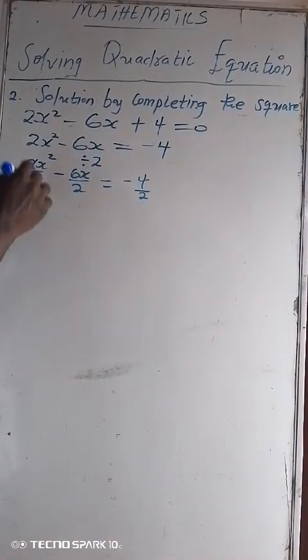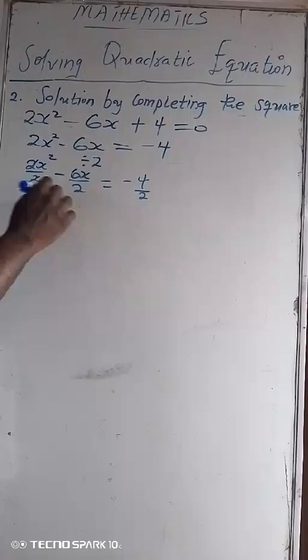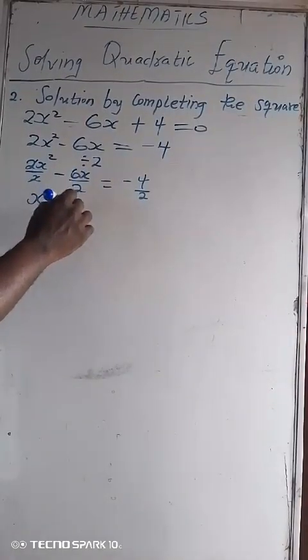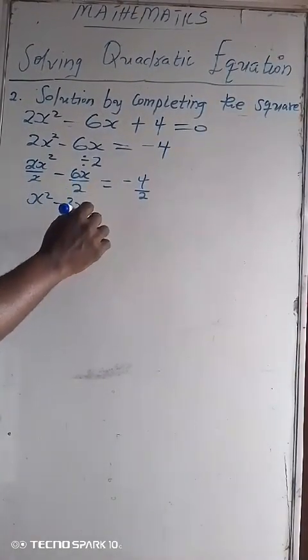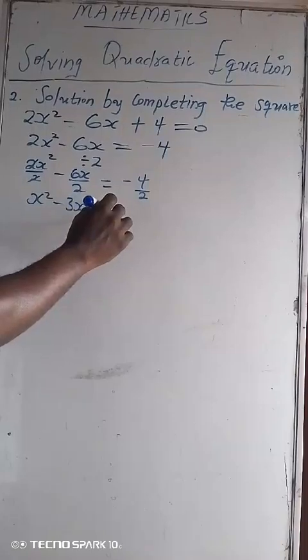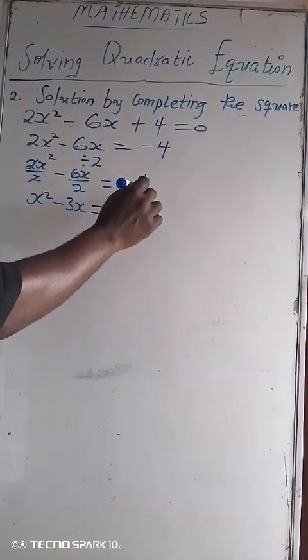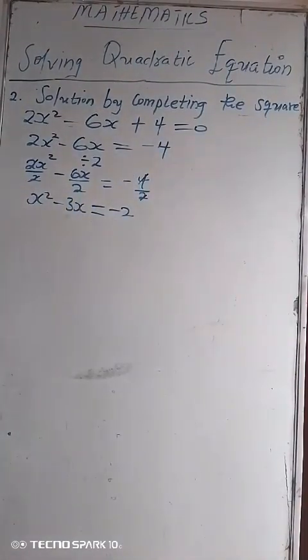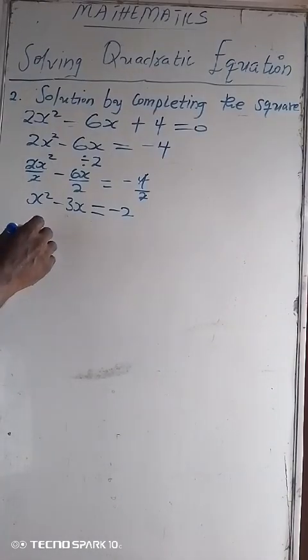And we are going to have x squared minus 3x, which is equal to negative 4 divided by 2, giving us negative 2. Now at this point we are to focus on the coefficient of x, which is negative 3.